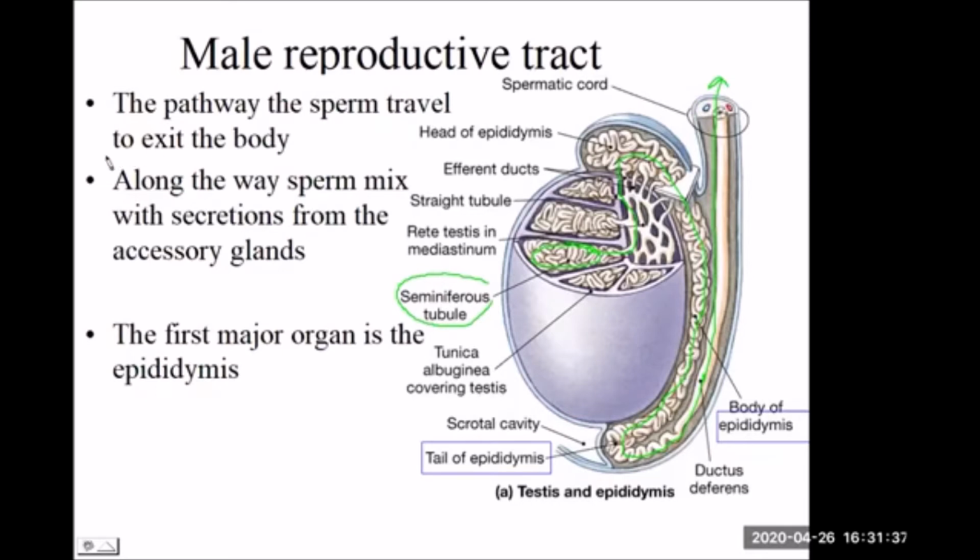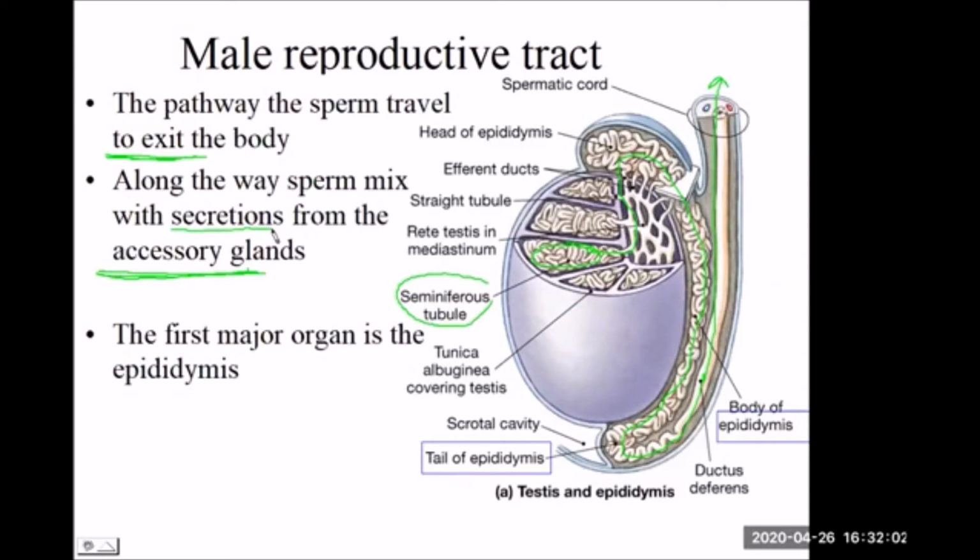And this is a cell that's designed to completely exit out of the male body. And along the way, along the pathway, there's a number of organs that are producing secretions. The prostate I gave as an example earlier. And the sperm cells will now mix with these secretions, each of which has a various purpose. And that leads to the production of semen.